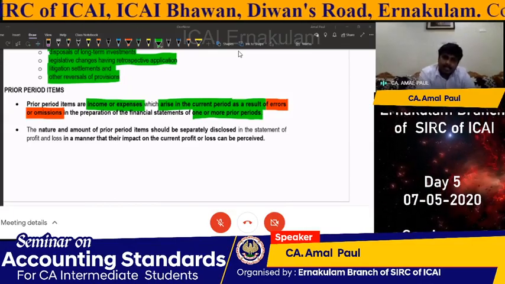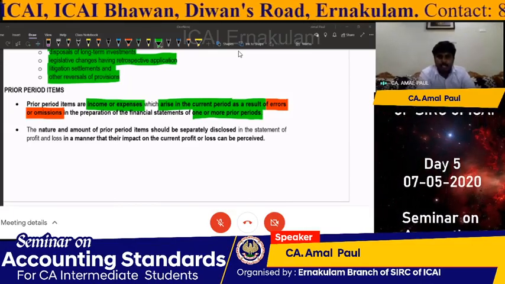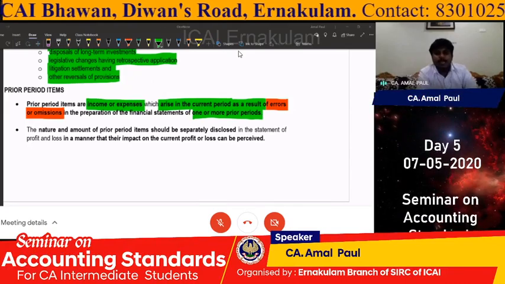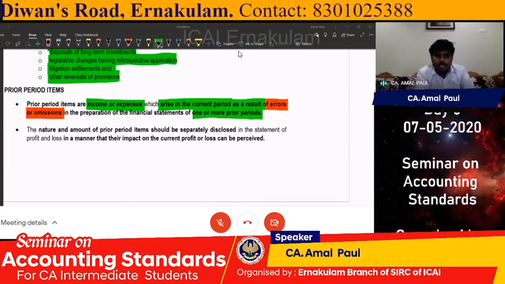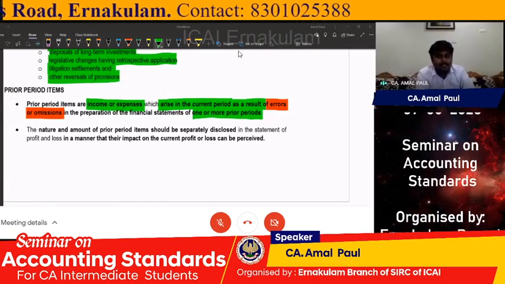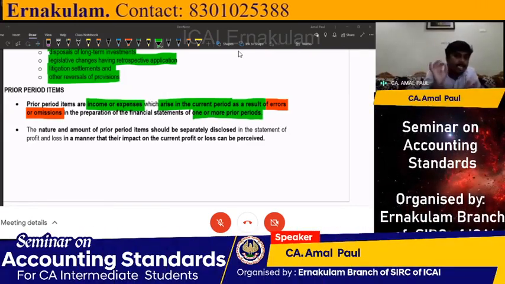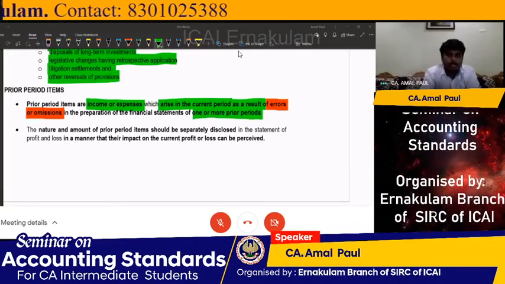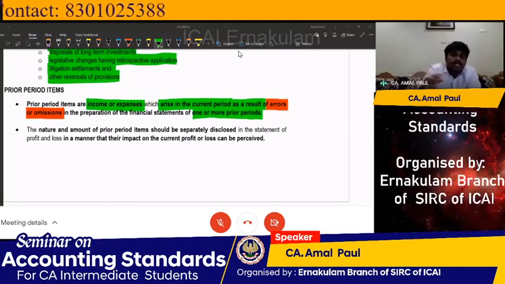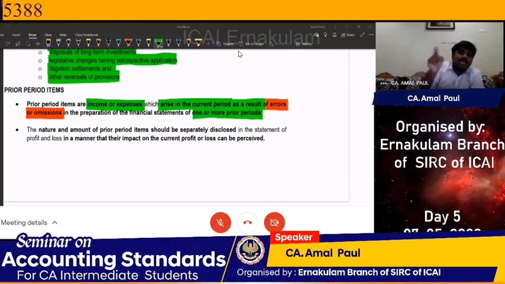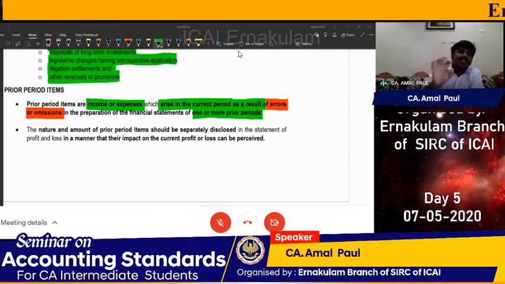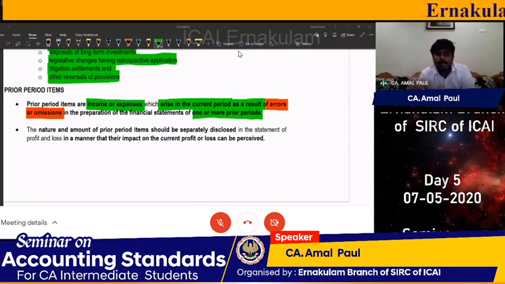Even though the claim relates to 2014-15, this cannot be treated as a prior period item, because while preparing your 14-15 financials or 15-16 financials, you have not committed any error or omission. Only because it was not approved, you are not accounting that. So items relating to previous years are not prior period items.